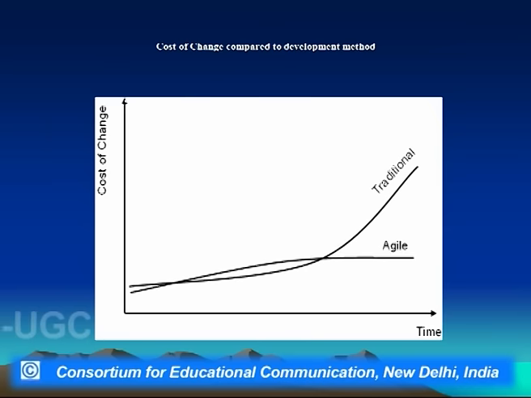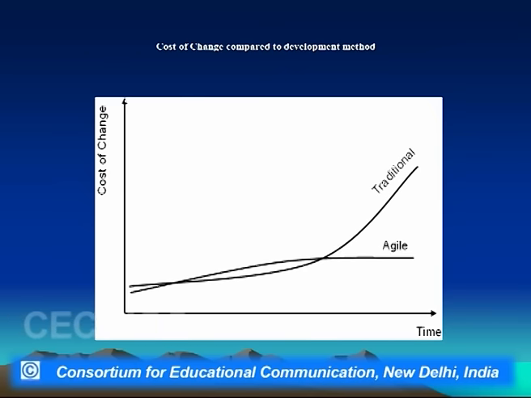As the phases progress, suppose we are in the coding phase, then if we want to make changes, the cost of change is high. And when the software is deployable, if you want to have some changes at that time, the cost of change is very high. So in the traditional process model, initially the cost of change is low, but as the phases progress, the cost of change is very high.